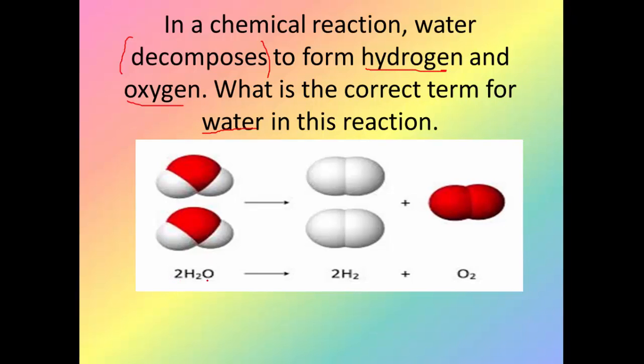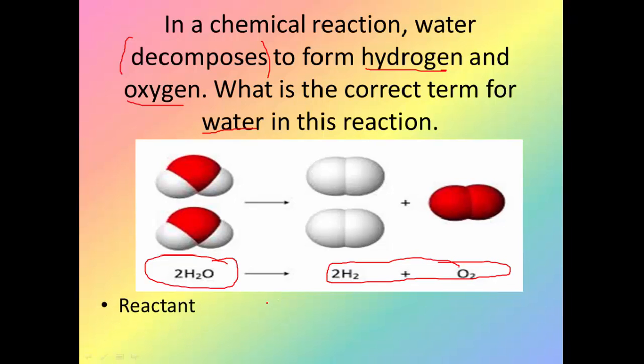So it's H2O yields 2H2 plus O2. So we know that these are our products. Well, one is another term that we can use for water. If it's not the product, it is the reactant, because it's on the left-hand side.